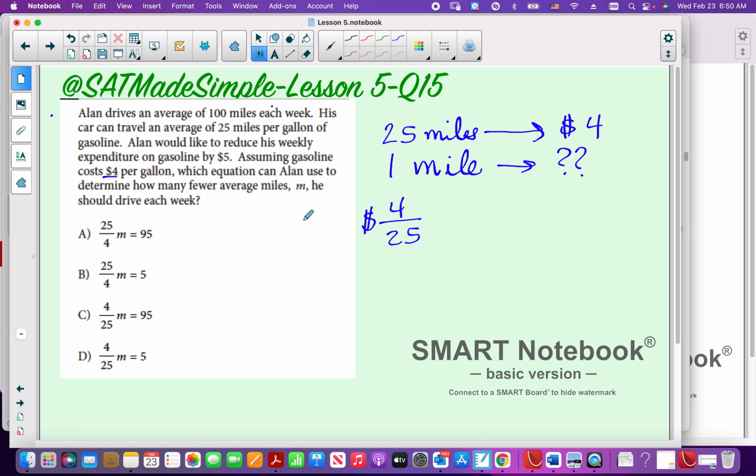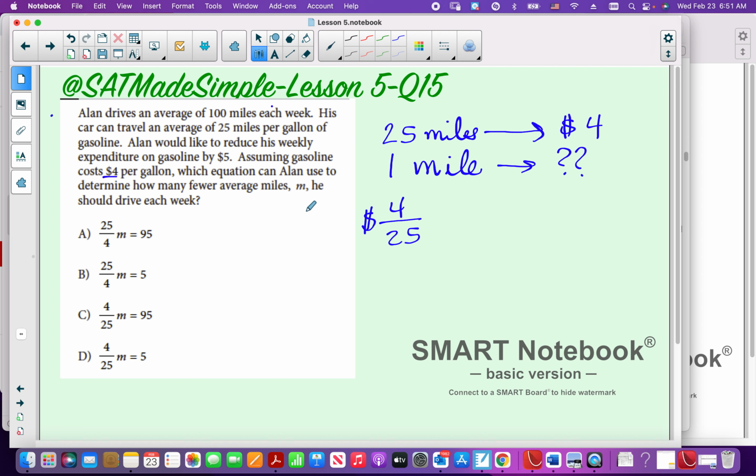The question is asking, if Alan plans to save $5 by driving less, how many fewer miles on average should he drive?